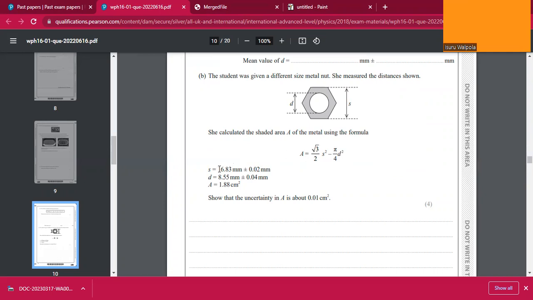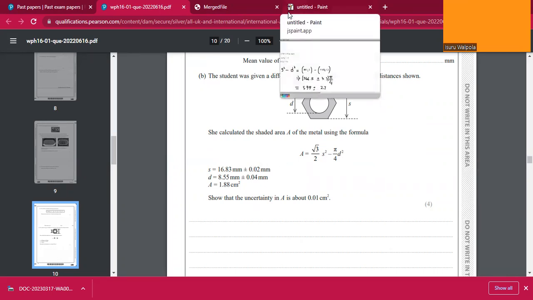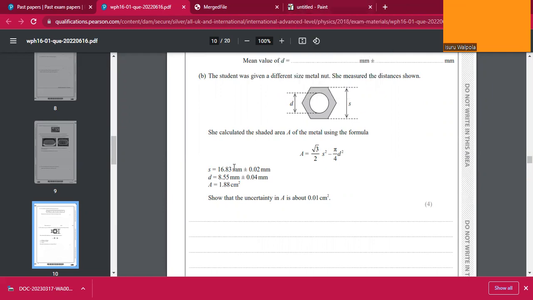So for S, you will do S times S as the main value. For the uncertainty, since it's a square, it's a multiplication. You need to follow the rule, which is the total percentage uncertainty is the addition of the percentage uncertainties of the things multiplying, right? Right now, S is multiplying into S. So the percentage uncertainty of S has to double. So you take 0.02 over 16.83 into 100.